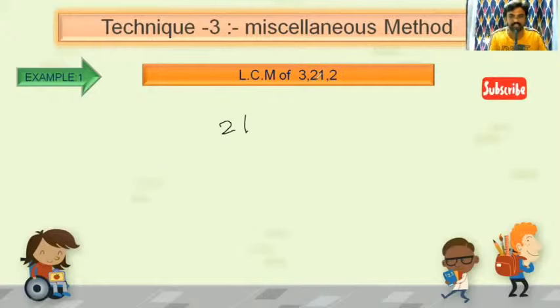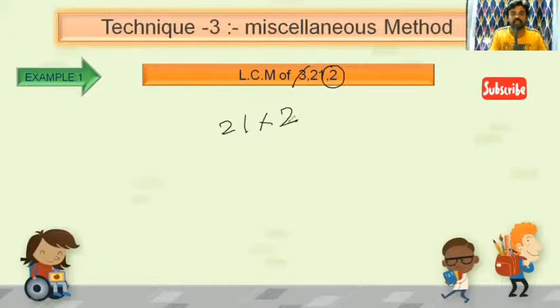Dividing by 3, we get 0 as the remainder, so 3 is a factor. 2 is not a factor here, so we can multiply with 2.